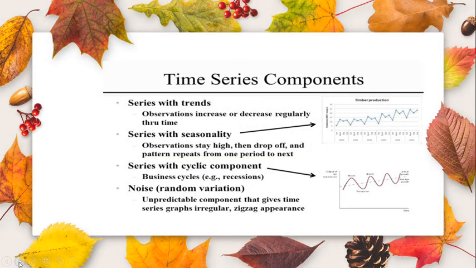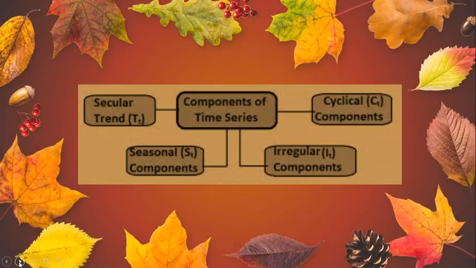So these are your components of time series: the series with trends, the series with seasonality, series with cyclical component, and the noise or the random variation which cannot be predicted, the unpredictable component, the zigzag appearance which cannot be calculated statistically.